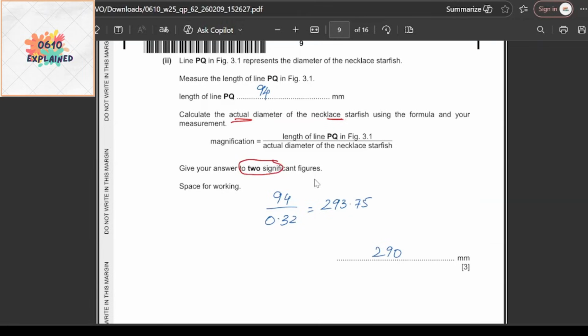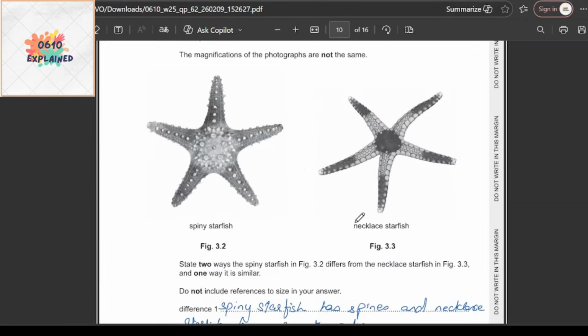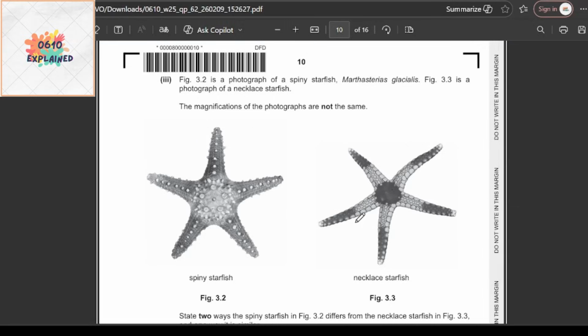Please do not forget to read this. So substituting in the formula, 94 divided by 0.32 will give you 293.75. They've asked for two significant figures. They have already put the units as millimeters, so your answer is going to be 290. Always remember to do the calculations in millimeters.